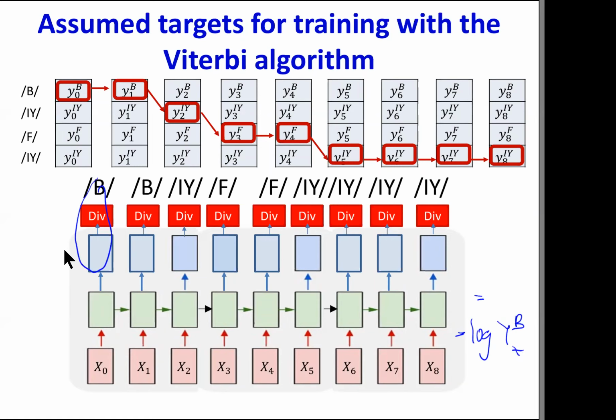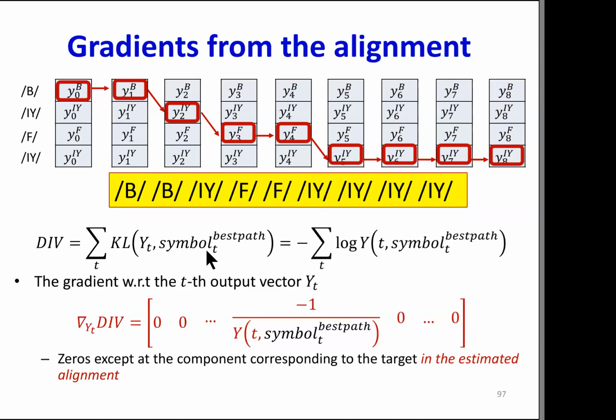Remember this? Don't forget anything. Everything pops up everywhere, right? So that means that this divergence is simply going to be the sum over all time of the negative of the log of the probability assigned to the aligned symbol at that time, right?